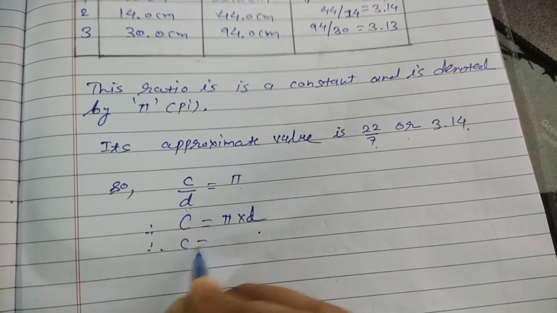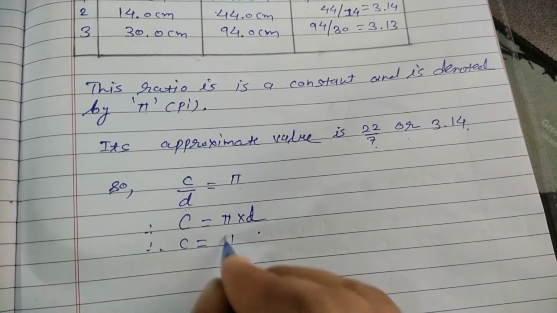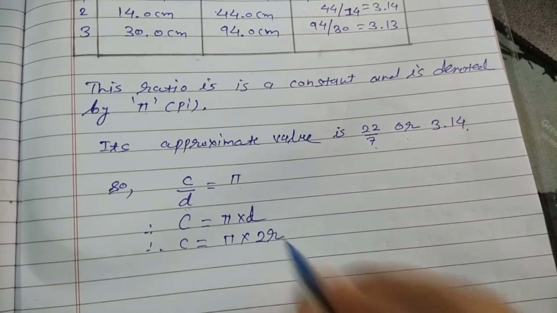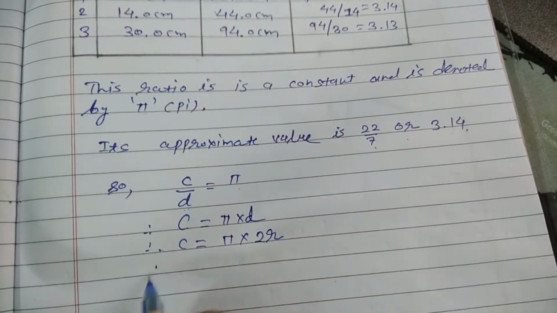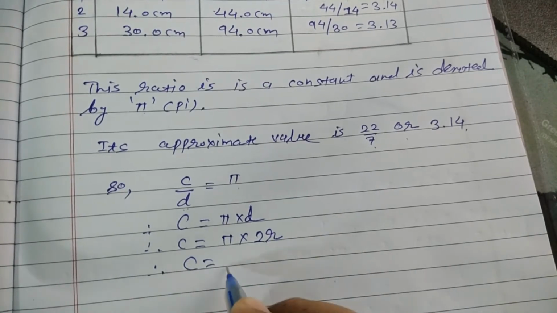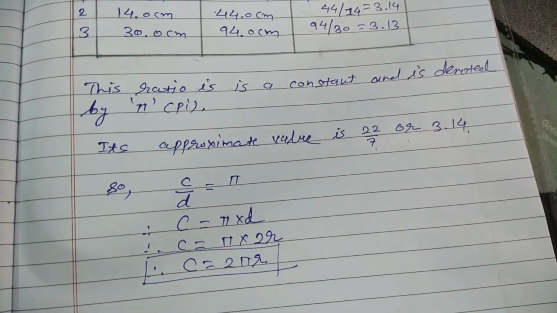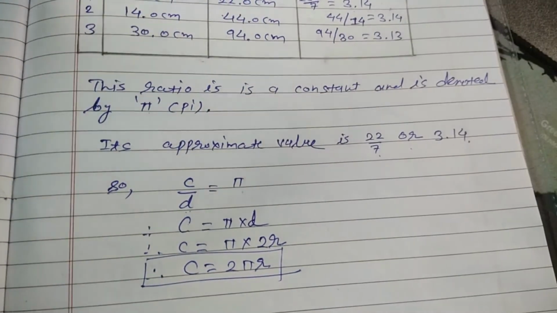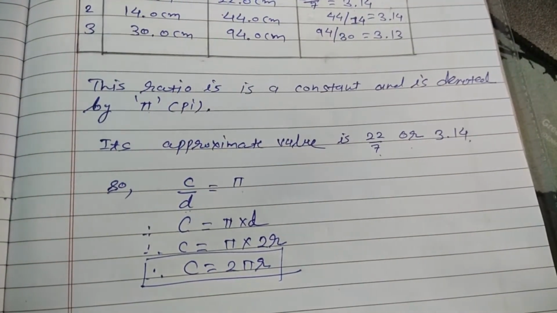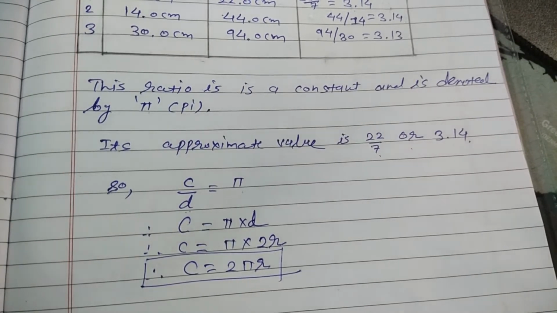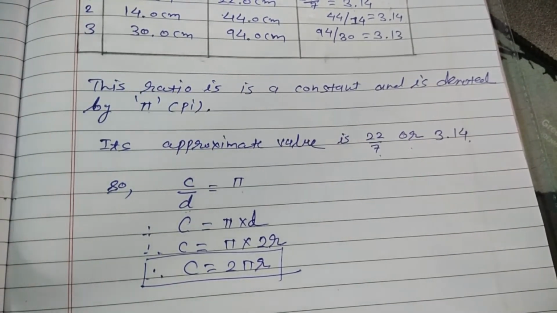That is 2r, so circumference is equal to pi multiplied by 2r, and therefore circumference is equal to 2 pi r. This is the formula for circumference. If we have the radius of a circle, we can find the circumference of that circle using this formula, that is circumference is equal to 2 pi r.